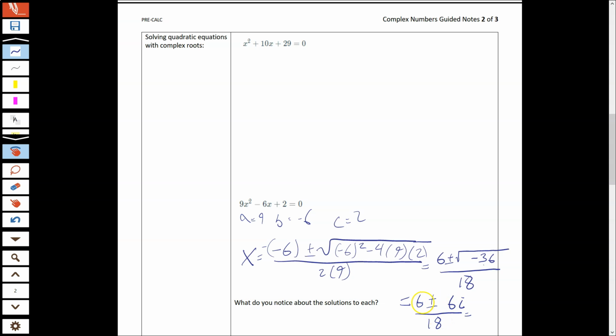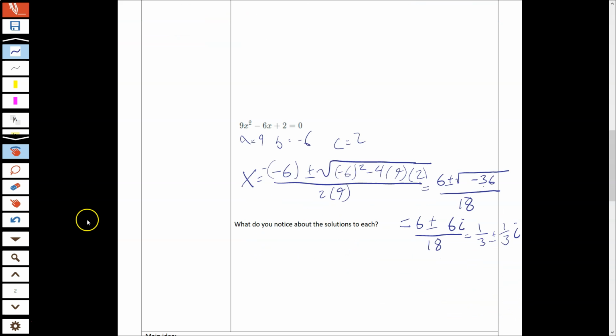I'm going to divide both terms by 18, and I get 1/3 plus or minus 1/3 i. So the way I want to write the solution down in this case is it's really 2 points: 1/3 plus 1/3 i and 1/3 minus 1/3 i. I apologize for not giving you enough room here. So those are my solutions to this quadratic equal to 0.